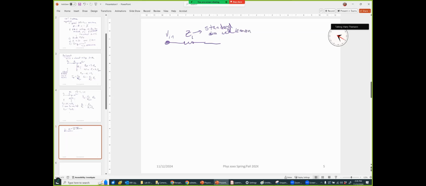And once again, we have our V out. And then here, remember, it's just a circuit element, but we're going to give it a special name. We're going to call it the device under test.